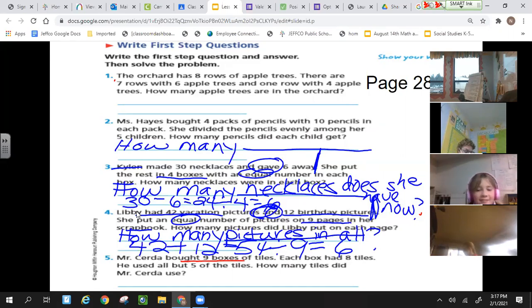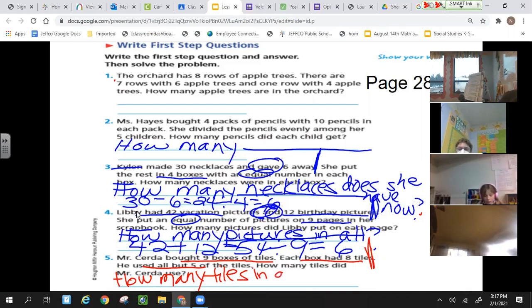Okay, Mr. Serta bought 9 boxes of tiles. Each box had 8 tiles. He used all but 5 of the tiles. How many tiles did he use? Well, first, this is your first step. If he has 9 boxes of tiles and each box had 8 tiles, my first step question is how many tiles did he have in all? I need to know that before I can tell you how many he used.